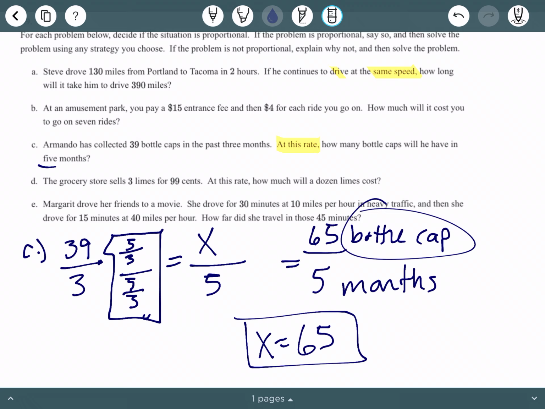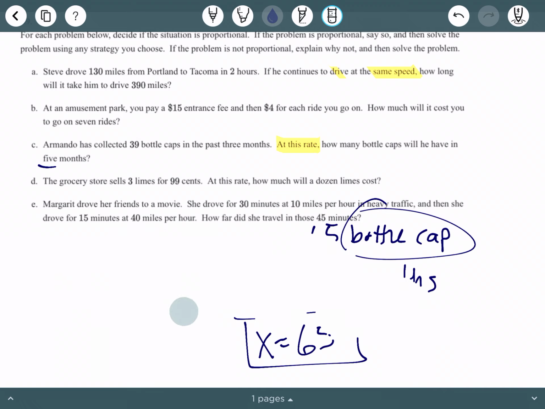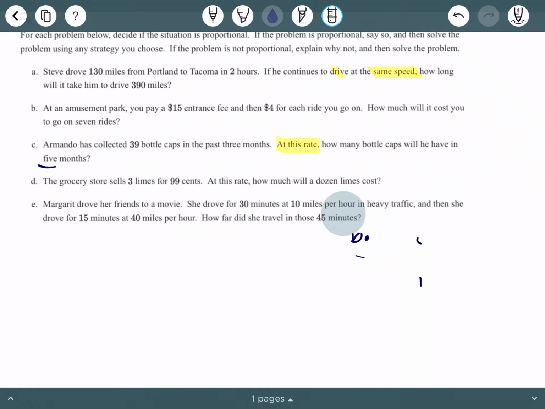All right, let's have a look at D. Okay, part D. The grocery store sells 3 limes for 99 cents. At this rate, how much will a dozen limes cost?